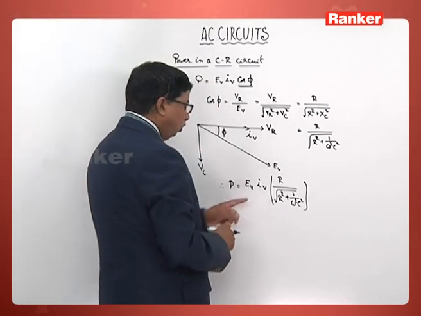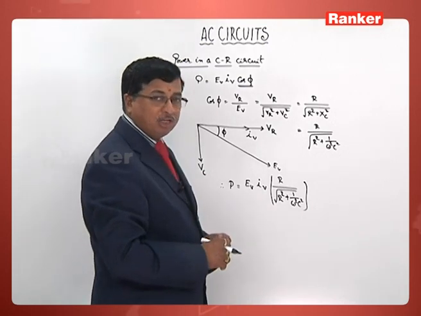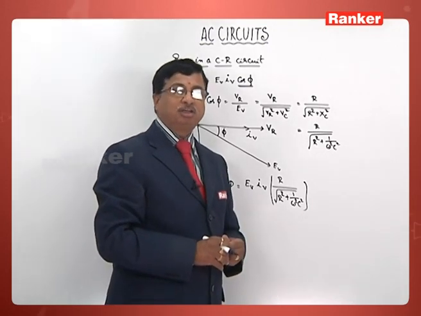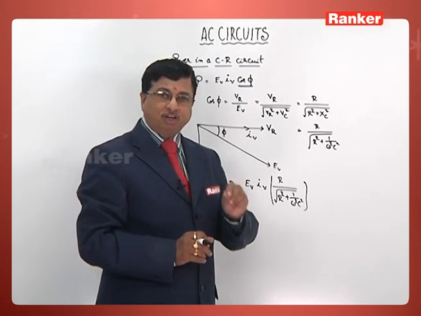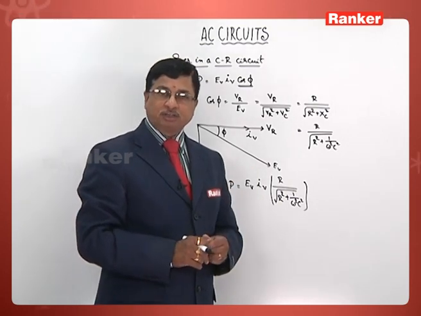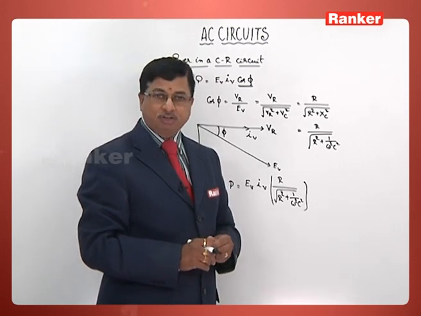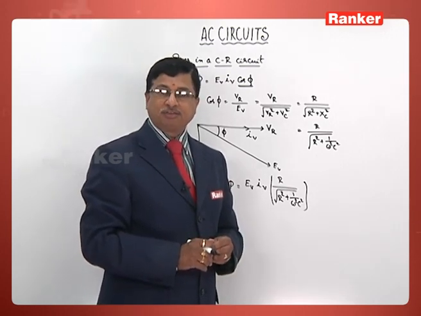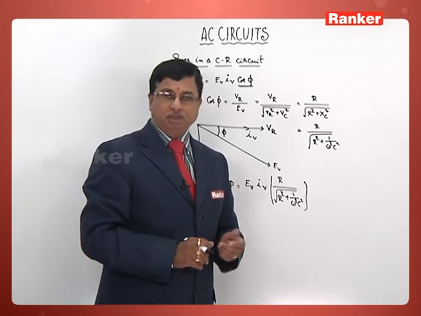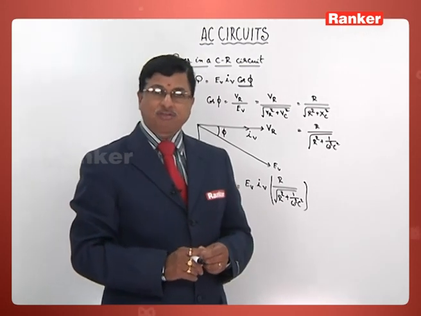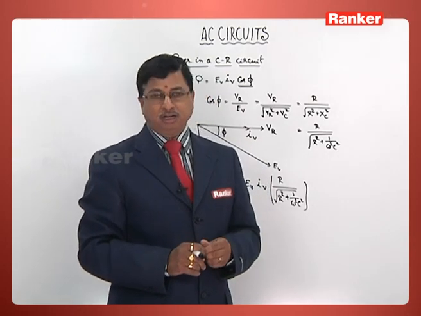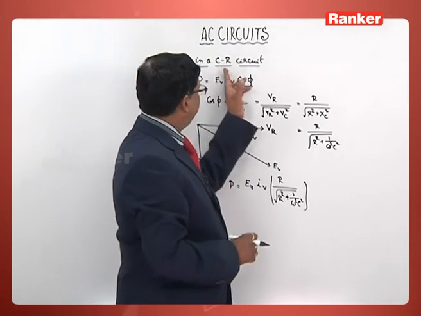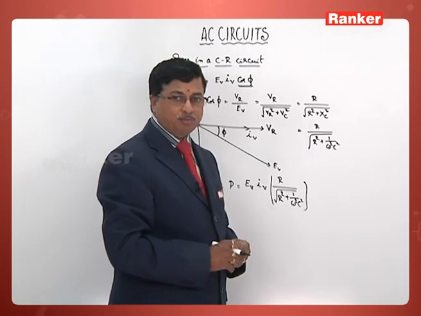But we know that the virtual value of current can even be written as E by Z. In alternating current circuits, Z represents the impedance of that circuit. That impedance is the resistance offered to alternating current by this CR circuit in this particular case.